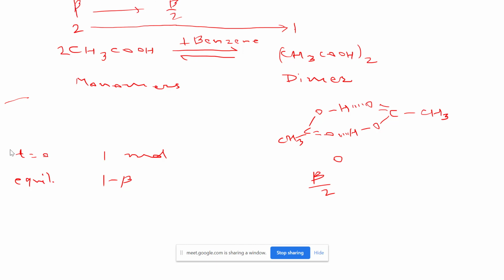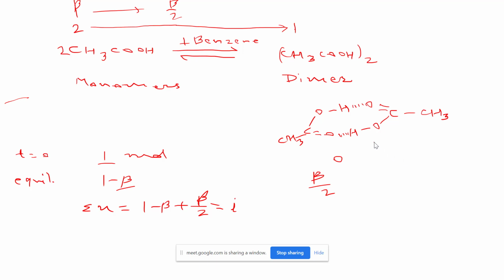The number of moles reacted is beta, so the moles produced will be beta by 2. Now can you say the total moles at equilibrium? 1 minus beta remaining, and beta by 2 produced for the product. This is because we are taking 1 mole initially.